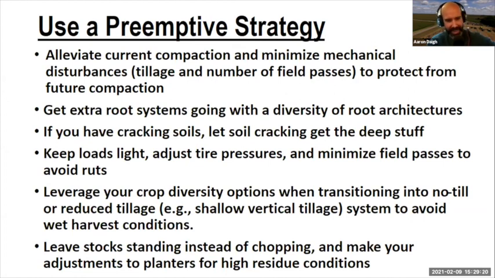It'll help you get to that point sooner, rather than ending up like a 2019 harvest, where you may have every single pass being rutted up during harvest. That then just sets your time clock back to zero for transitioning into a long-term system.